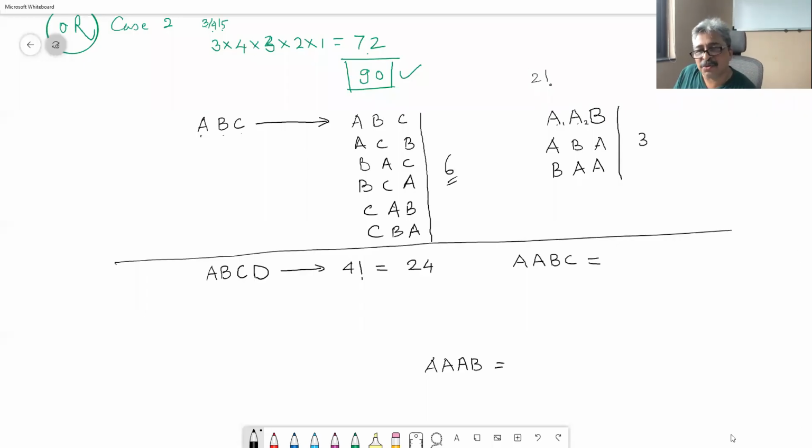Okay, if these two A's are A1 and A2, that will make them distinct, then they themselves will permute amongst themselves in 2 factorial ways, and that makes 3 into 2, 6. Okay, here again it will be similar.